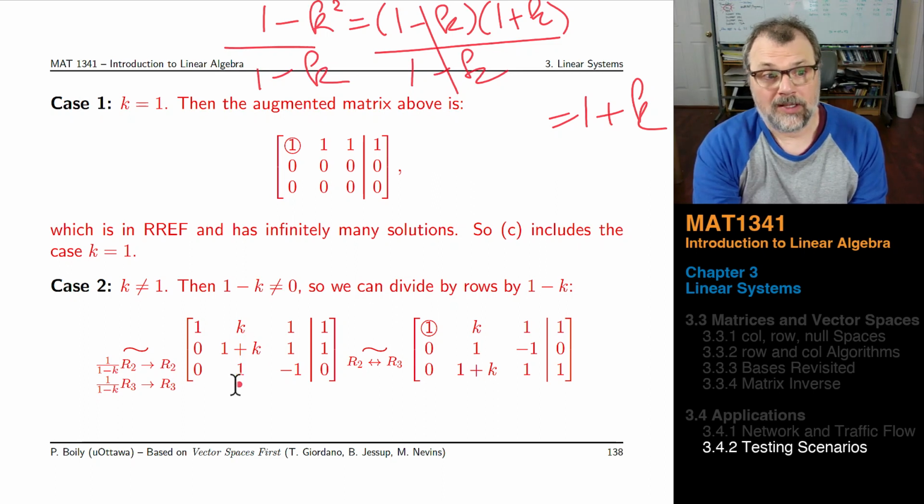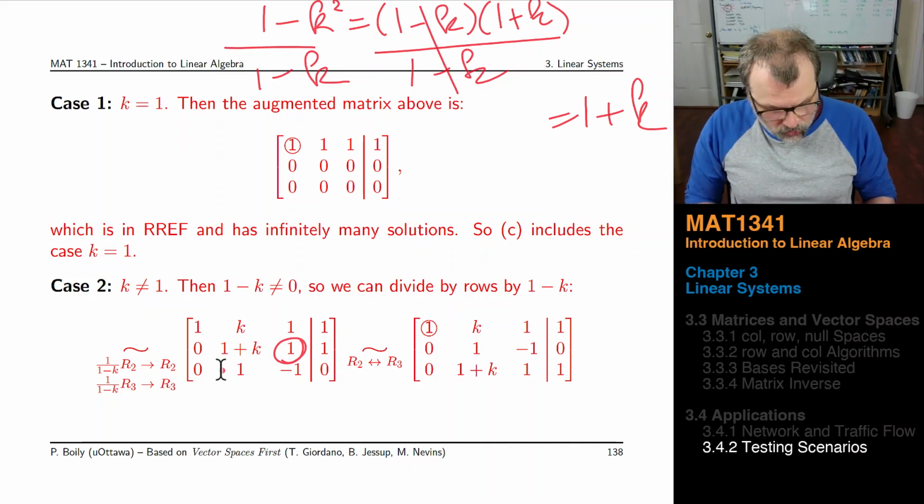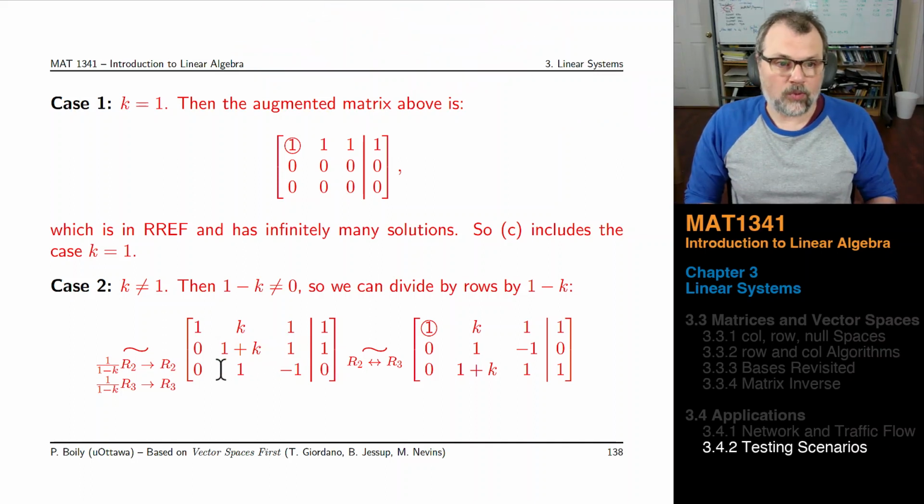Great. Not quite a 0 yet, but we're getting there. And then we have 1 over 1 minus k times whatever the entry here was. It was 1 minus k, so that gives me 1. Similarly for the other term. So the second row clearly becomes 0, 1 plus k, 1, and 1.